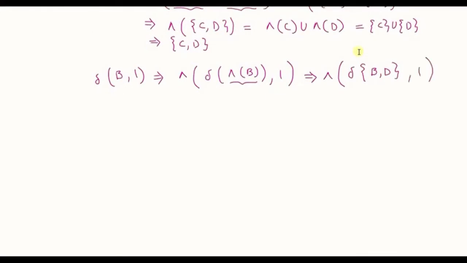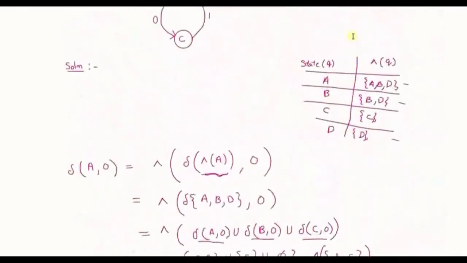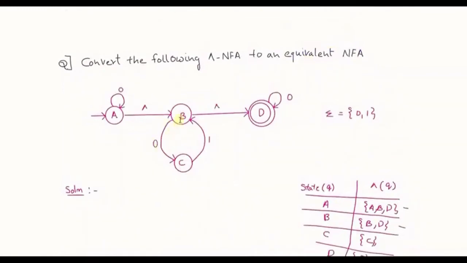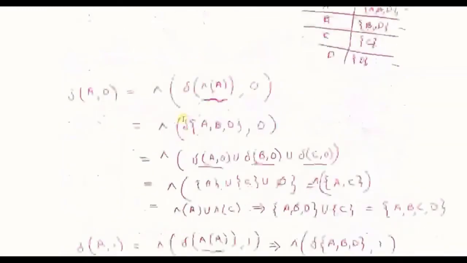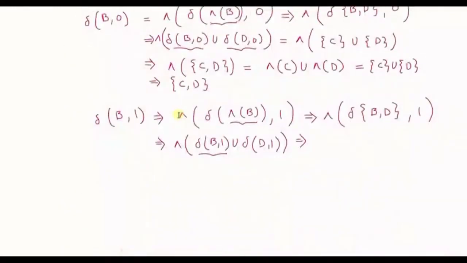So this can be further written as epsilon closure of delta of B on 1 union delta of D on 1. Now what is the transition of state B on 1? You can see here state B on reading 1 does not go anywhere, so the answer to this is null.